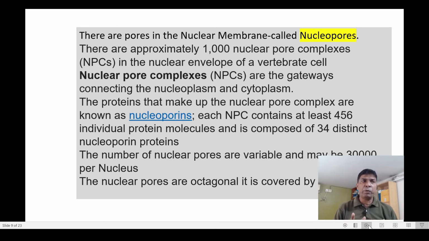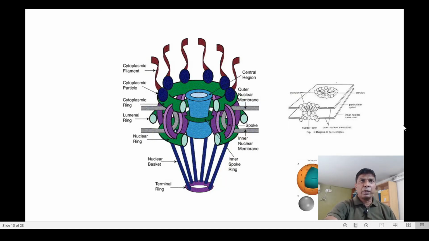So it's a huge one, and the nuclear pores are octagonal. Here you can see there are 8 proteins: 1, 2, 3, 4, 5, 6, 7, 8. These proteins act as ball bearings, and this is known as the annulus.